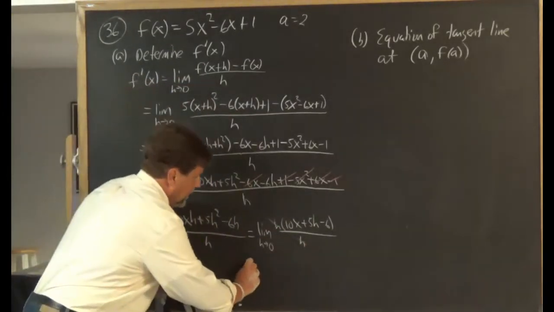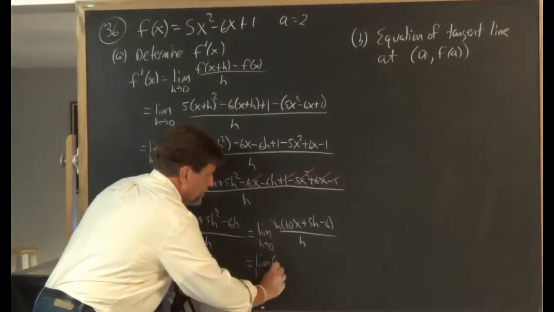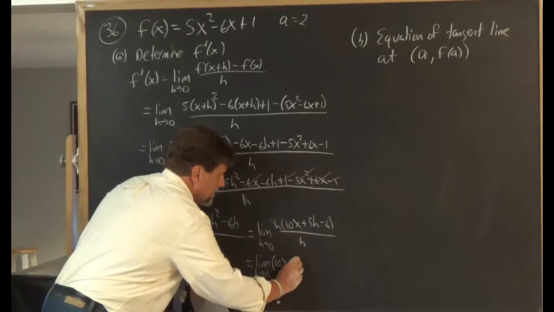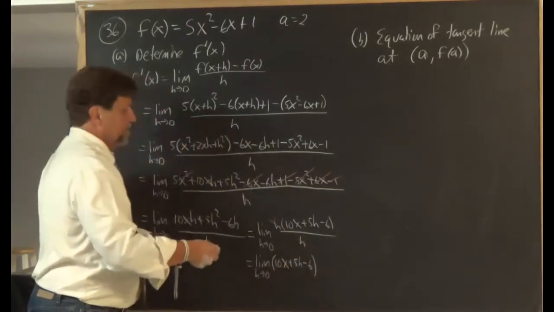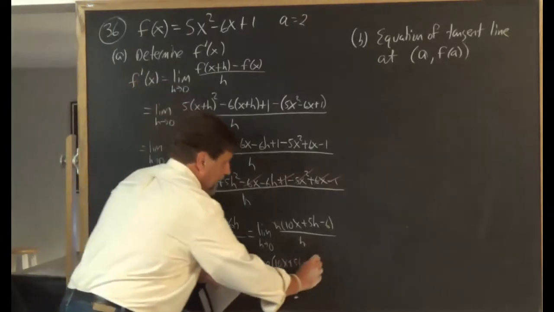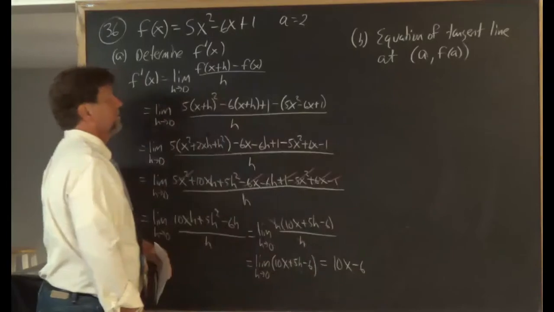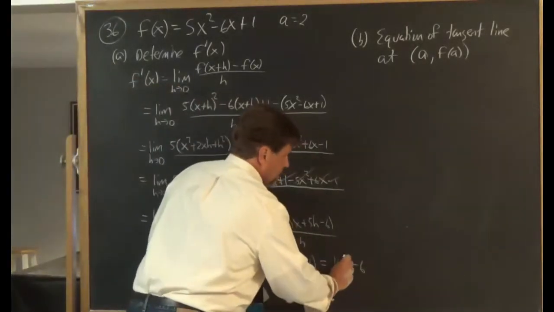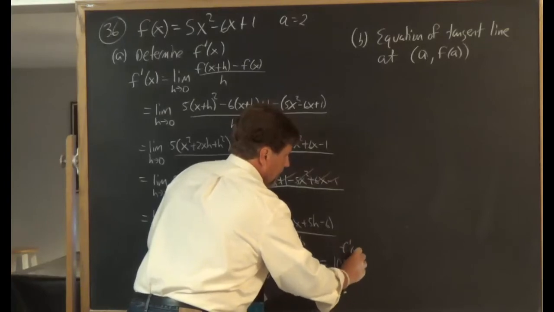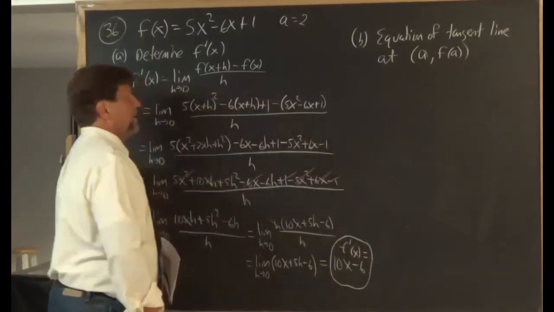And I'm left with the limit as h approaches 0 of 10x plus 5h minus 6. Substitute in, and I get 10x minus 6. That is f prime of x. So f prime of x equals 10x minus 6.